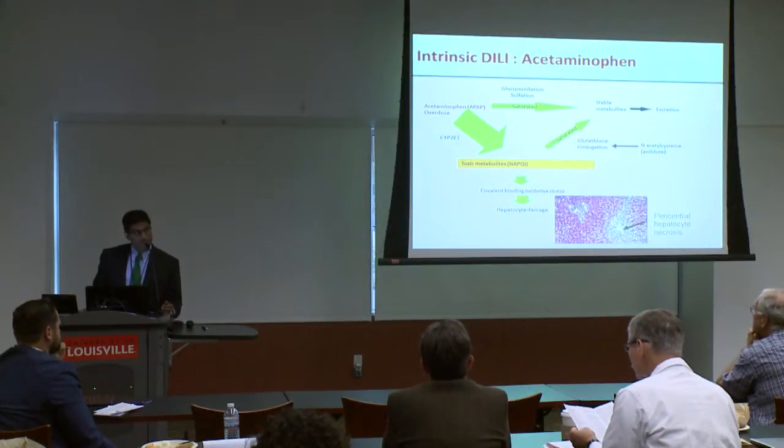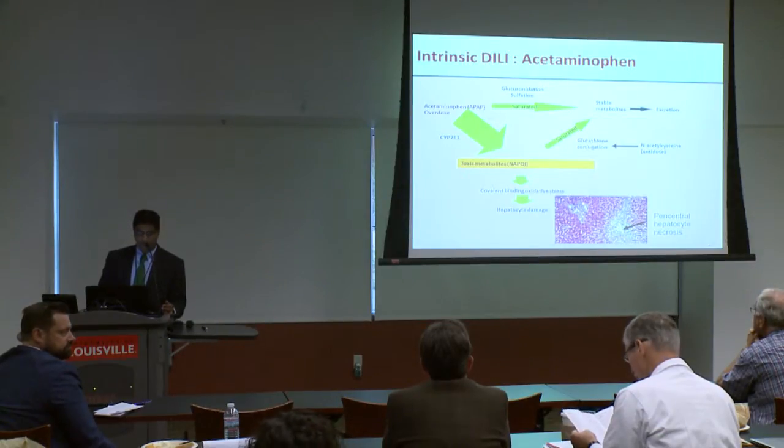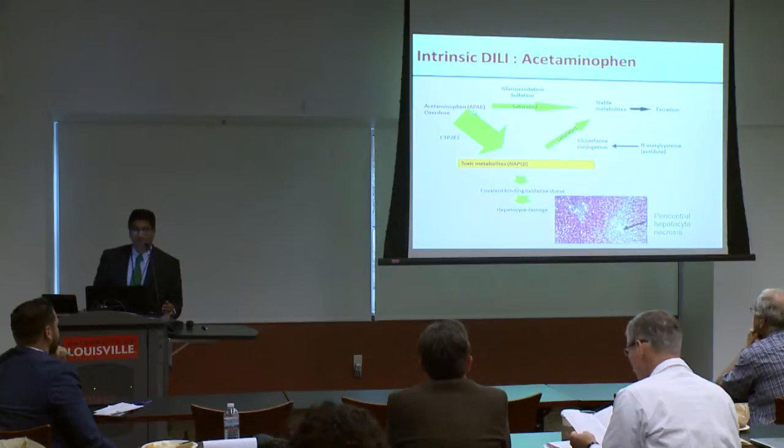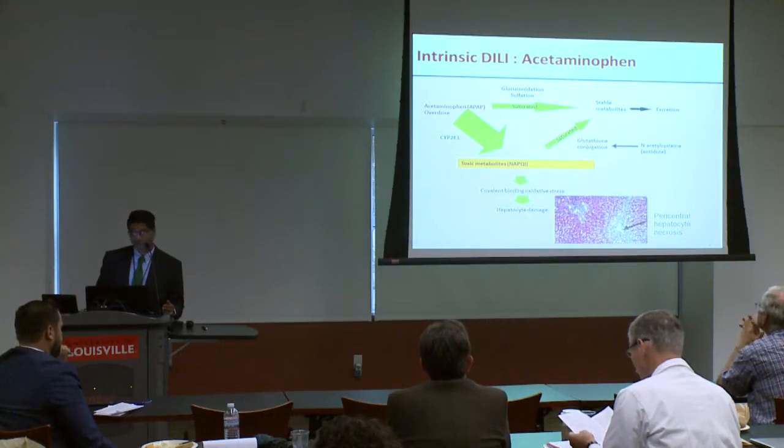I want to take you back to the intrinsic drug-induced liver injury, which is the acetaminophen classic example. You have the overdose, the intrinsic mechanisms of metabolism are overwhelmed, the toxic metabolite is formed, and there is glutathione depletion, and this results in covalent binding, oxidative stress, hepatocyte damage, and there is a characteristic liver injury which occurs around the central vein.